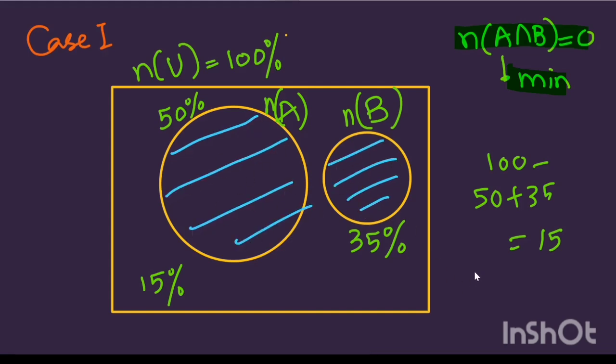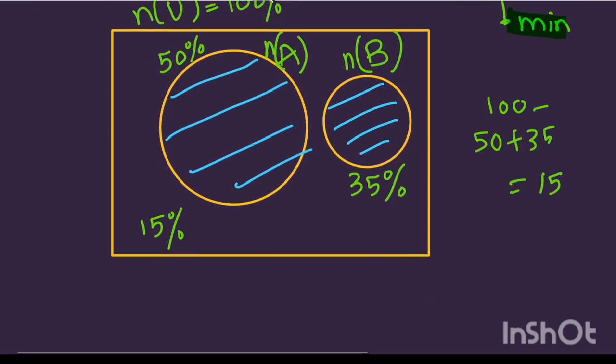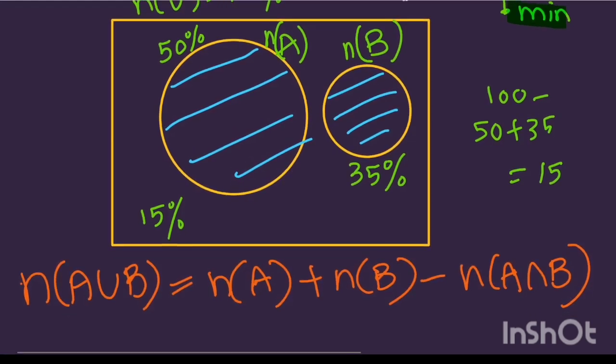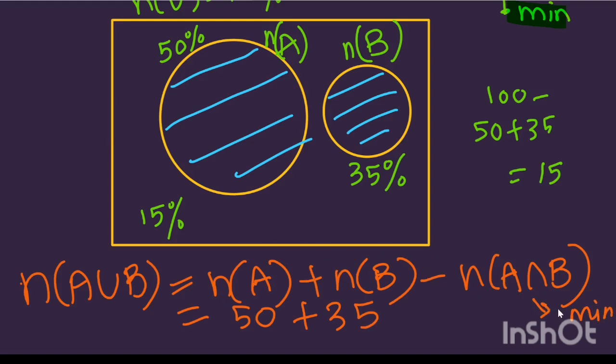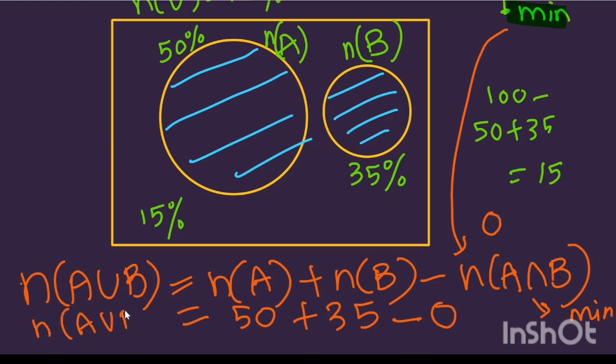So now from the formula, Na union B equals Na plus Nb minus Na intersection B, Na is 50%, Nb is 35%. Now we are subtracting Na intersection B, so if we make this less, which is the minimum, 0, then the Na union B that we will obtain would be the max.